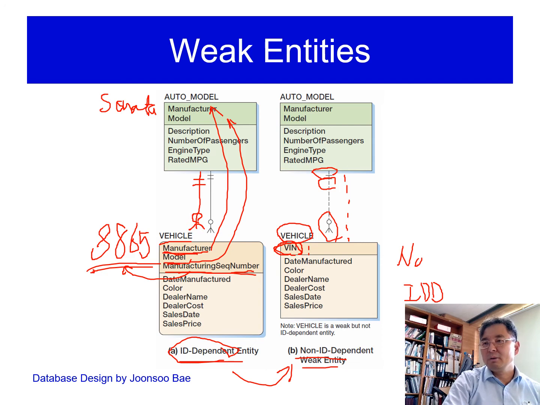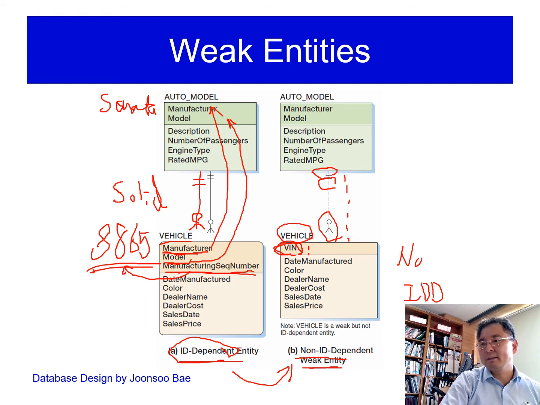So we can see that only an ID dependent entity uses a solid line. Okay, the line type is different. So the left one is a solid line, and the right one, non-ID dependent entity, is a dotted line.